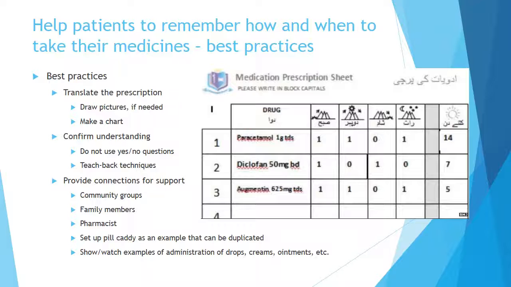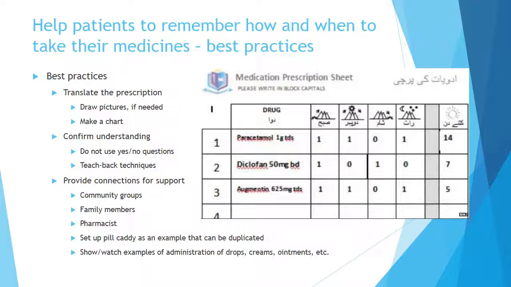And then I want you to provide some connections for them. That may be community groups. You need to find out what they are. Family members are often with your customer. There's a pharmacist. Pharmacists are great support groups for helping with medications. Make sure you give your contact information. Give them an example week, something that can be duplicated.